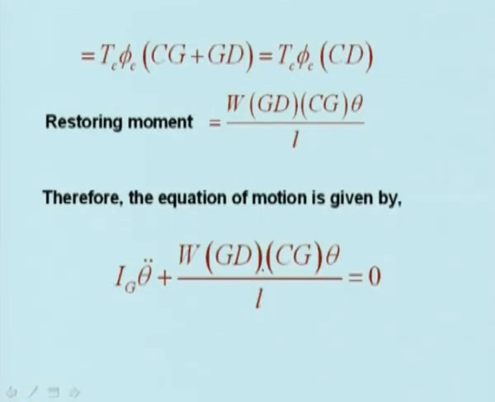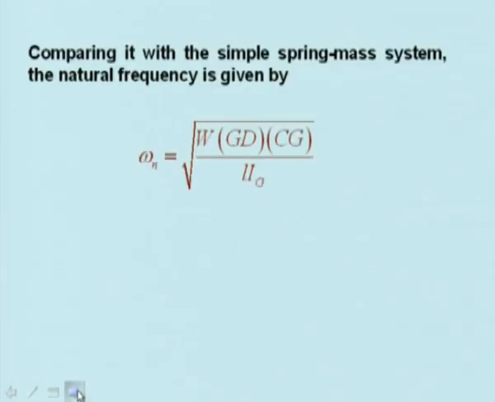Therefore the equation of motion is given by Ig theta double dot plus W Gd Cg theta divided by L equals 0.